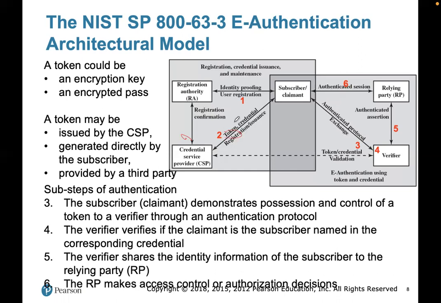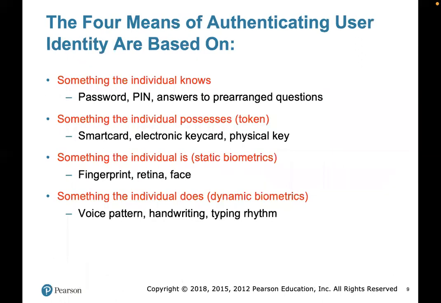We defined a token this way: something that the individual or the user knows, or something that the individual possesses, like a physical token, or something that the individual is, like static biometric parameters or features such as a fingerprint, or finally something that the individual does, like a voice pattern or handwriting pattern.